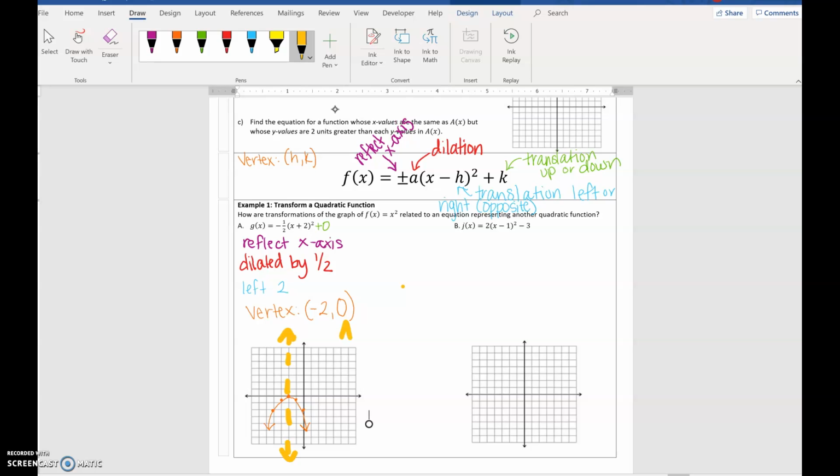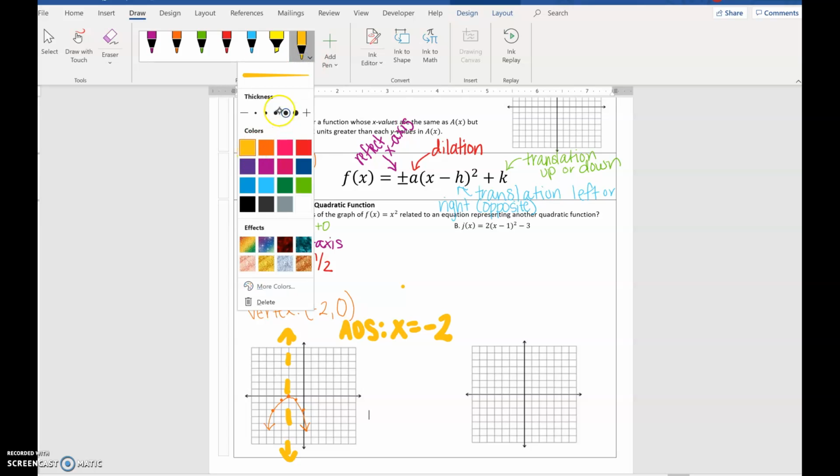This would be your axis of symmetry, and I'm going to be writing it as AOS, and that is going to be right here where we cut it in half, and so that would be x equals -2. Okay, so again, that is your axis of symmetry where you cut the U shape in half.